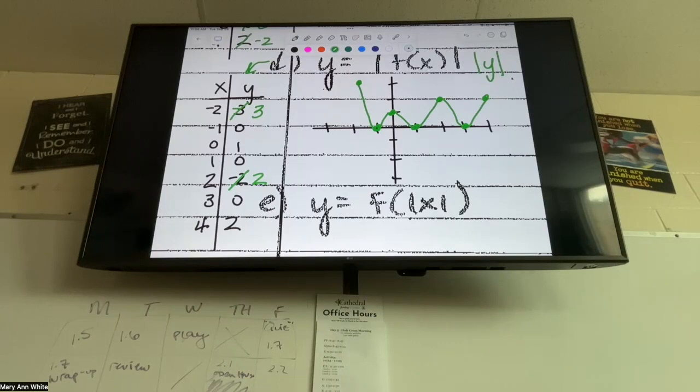How I started was something like this. But do you notice that the parts that were positives just stay the same? And then the parts that were negative get flipped up. So any part that was negative now flips up to be the positive part. All we did was take absolute value of all of my y's.